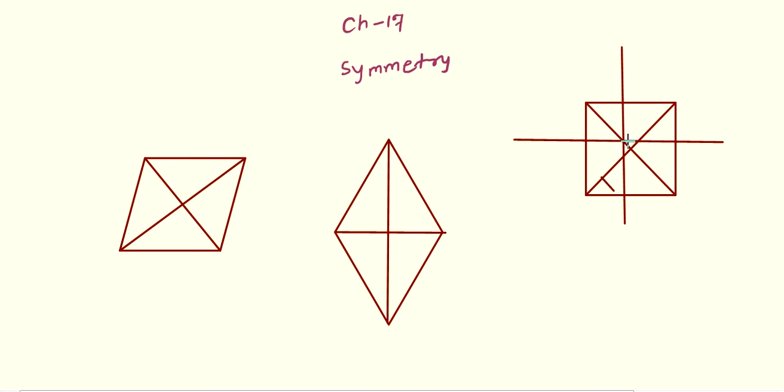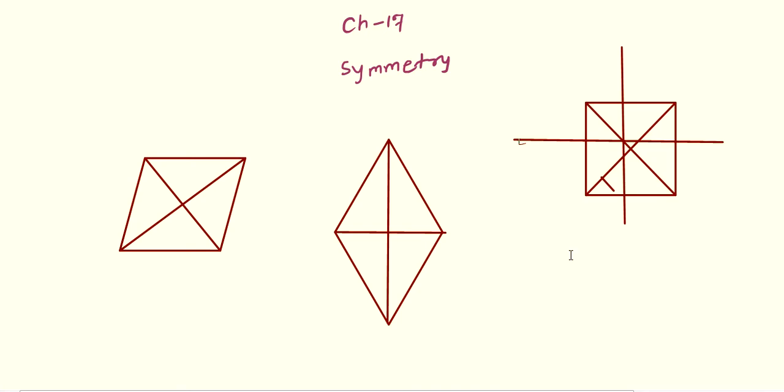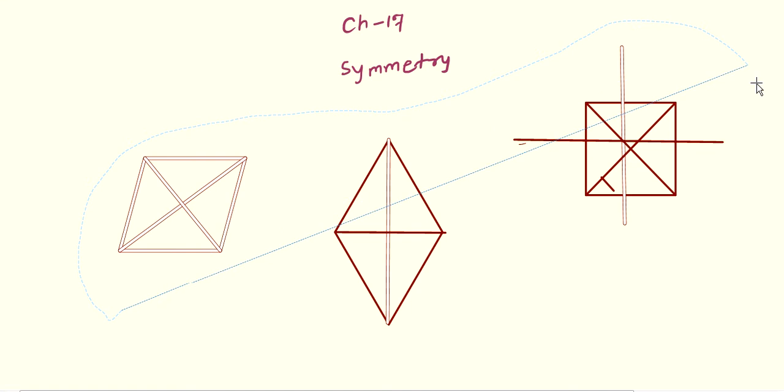This is a rough diagram. Okay. You can construct a square by using scale and simply apply symmetric lines, line of symmetry. Then kite shape. In kite shape only one line of symmetry is there.